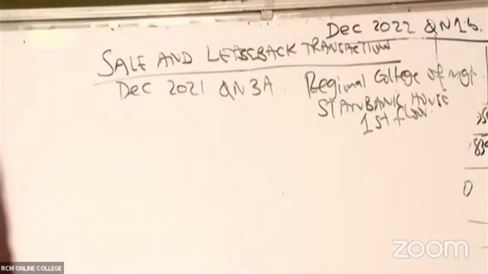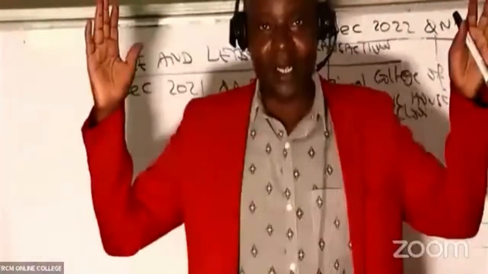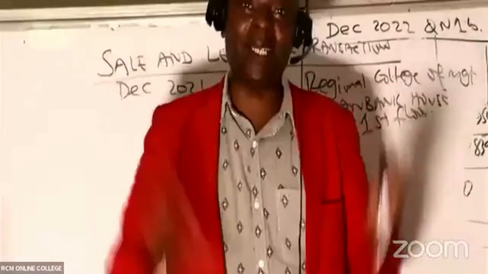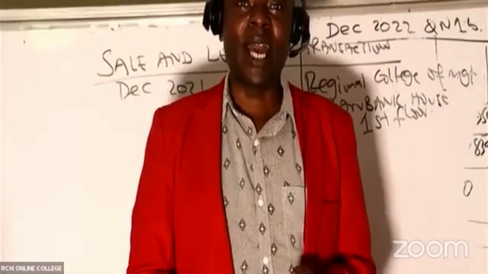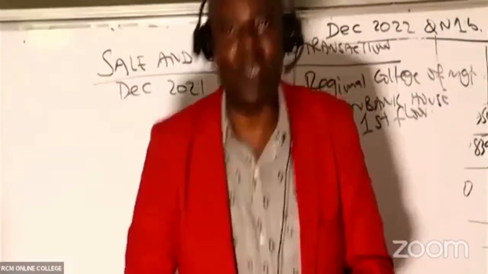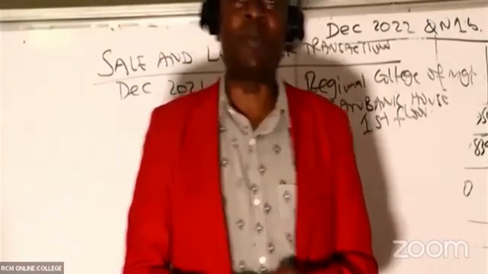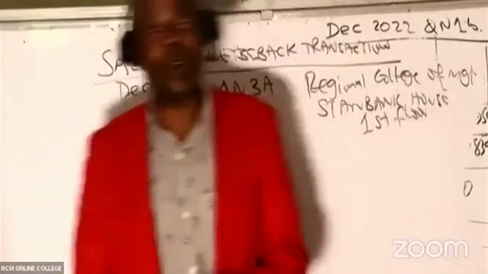All right. Now, let me ask you a question. For those of you who have beautiful houses, I imagine there must be some of my students here who are living in Karen. Your own house, have you ever thought of the amount of capital you are sitting on? You could be sitting on, for example, 100 million, and here you are struggling financially.